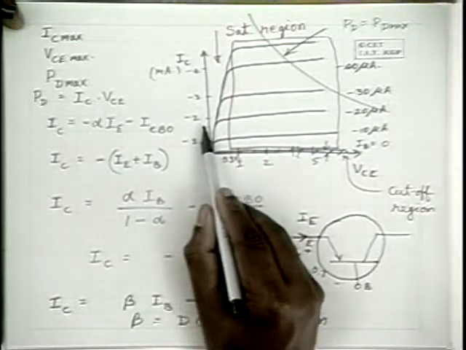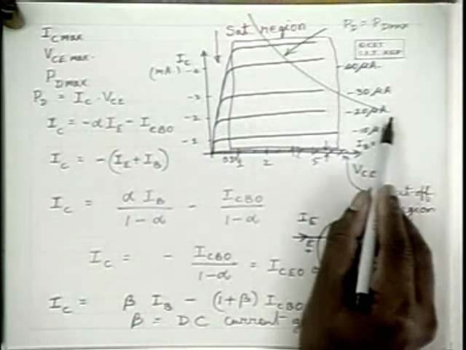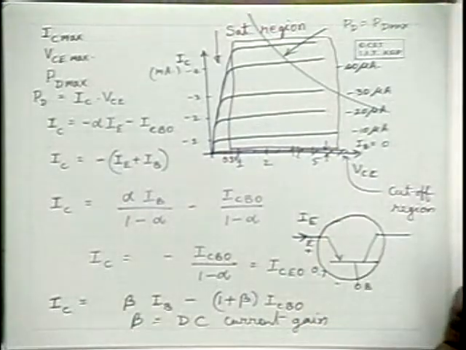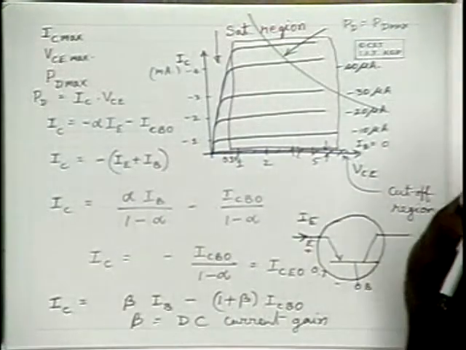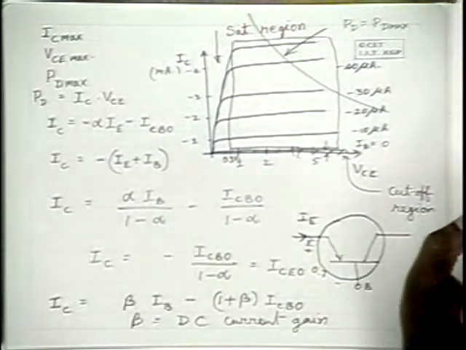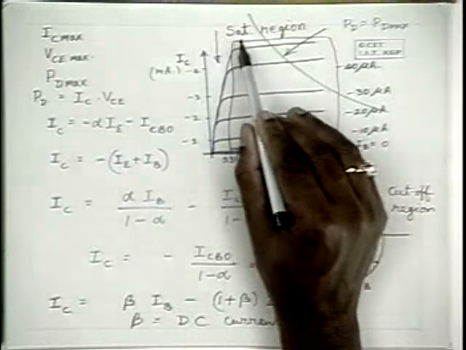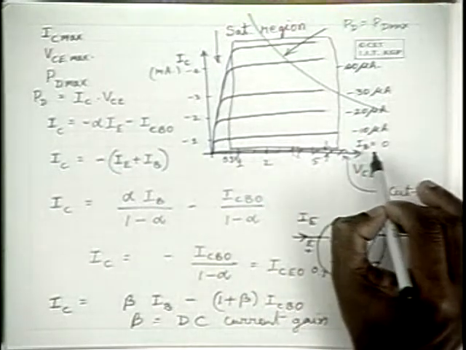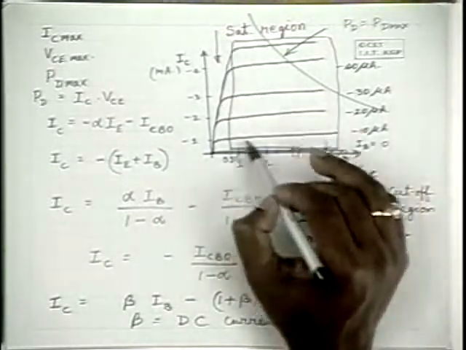Or if you are operating it at a low collector current, you can go for a larger VCE, so that the power dissipation, that is IC into VCE, is within that limit. So for making use of a transistor as an amplifier, you have to work in this region.